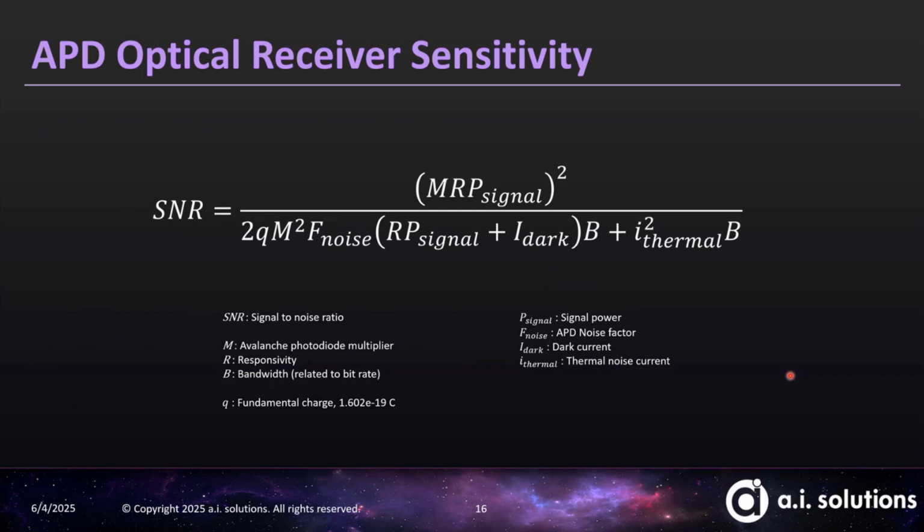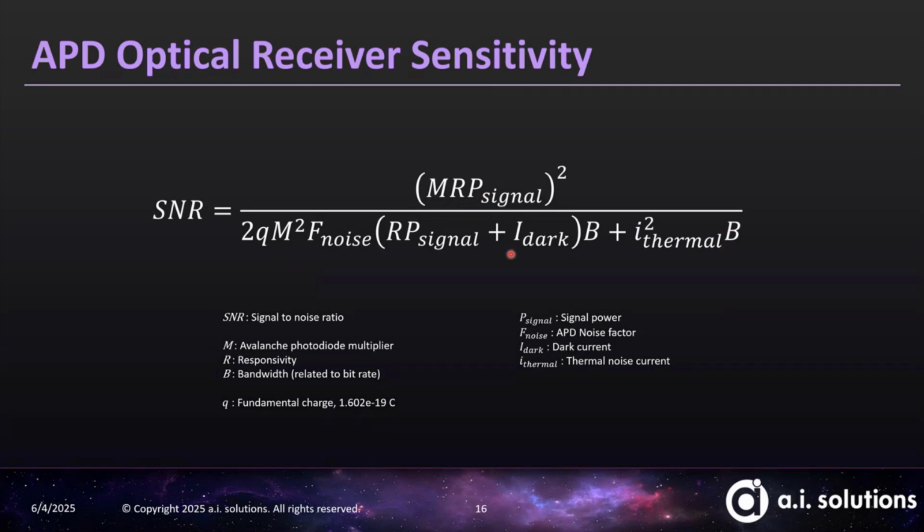I'm not going to dive into this equation, but here is how you would model the signal to noise ratio in an avalanche photodiode receiver. Just to point out the parts of this, you've got your signal up top, and then a couple different sources of noise on the bottom.